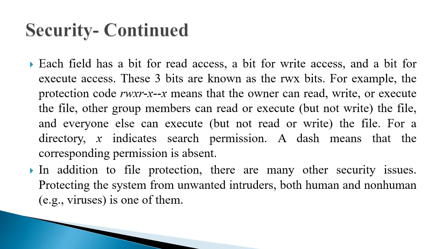Other group members can read or execute, but cannot write the file. So they can only view it. Say this is a document that is protected with a password: only the administrator can modify or make changes to the file, while someone who is not an admin can only view it.